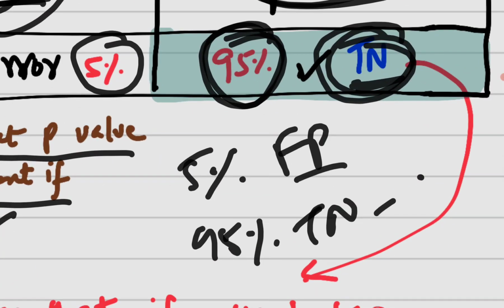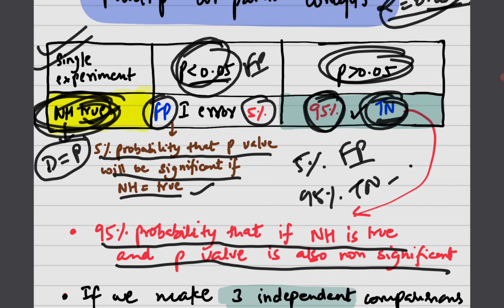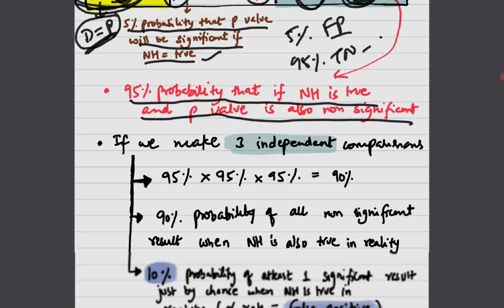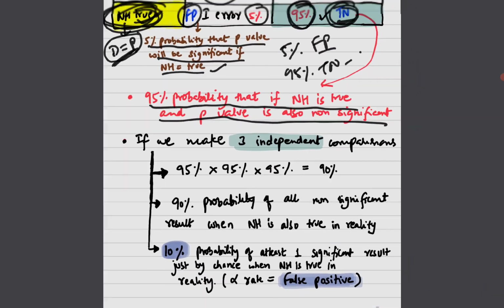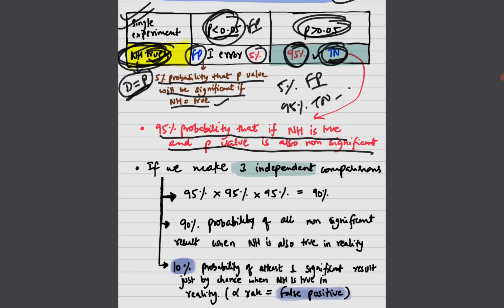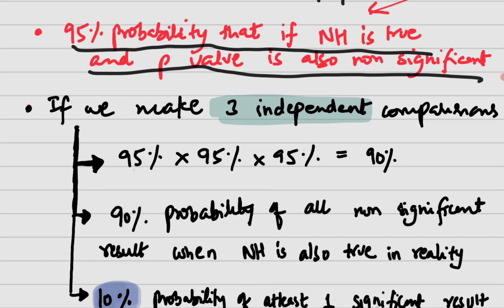In all 3 experiments, again, the null hypothesis is that the drug is same as placebo, but instead of 1, now I'm making 3 comparisons. Provided that I take the alpha level of 0.05 in each of these comparisons, the true negative rate will be 95% for each of these experiments, right? For these 3 experiments, the true negative rate will be 95%, 95%, 95%.